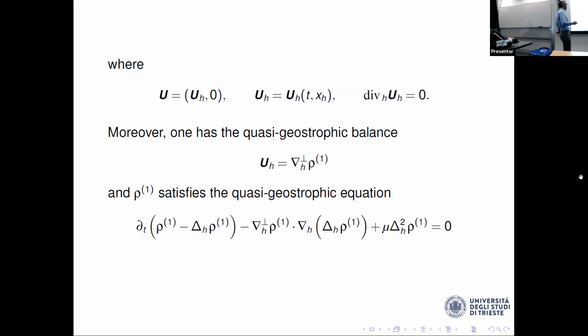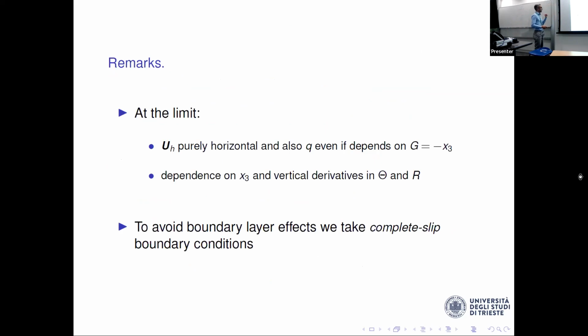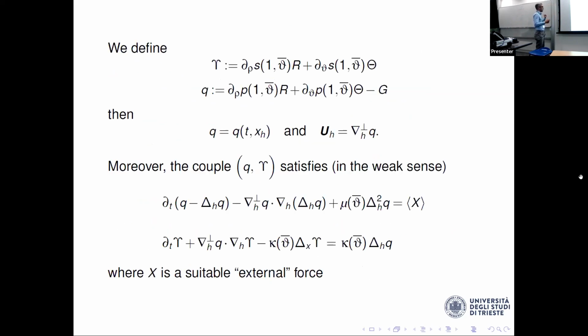For m equal to 1, you have the quasi-geostrophic balance in both cases. But here the quantities are different. Here you have the deviation with respect to the static solution, because this rho 1 is the weak limit for this quantity. In the previous equation, it's a bit different because here we have also the temperature.